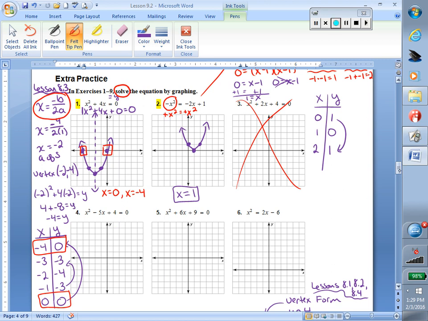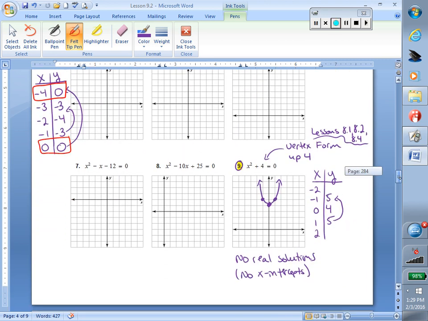Then in number 9, we saw a graph that didn't cross the x-axis at all, and when that happens, we have no x-intercepts, so we have no real solutions. That's the part we have to be careful of. It could be any of those 3 possibilities.